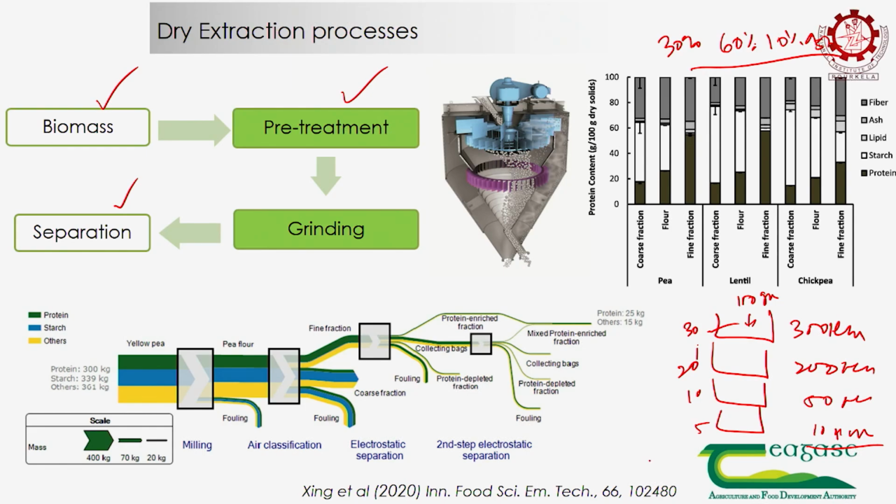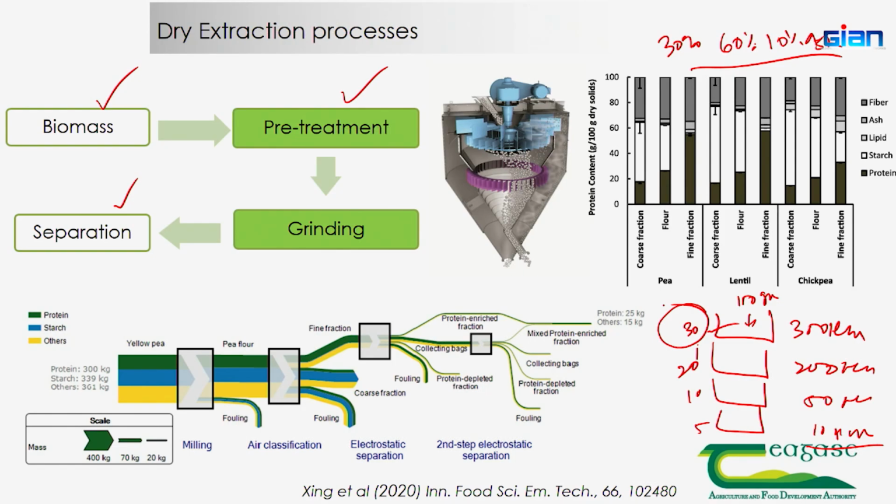Will each of the fractions have a similar composition profile? Yes or no? No. The reason is when you grind anything, the fiber fractions are difficult to mill to a fine powder. So this fraction will have a larger amount of carbohydrate. And over here you may have more of the starch and protein.